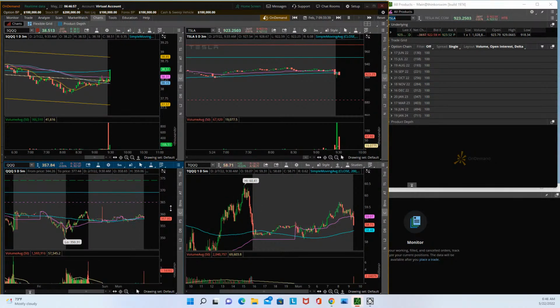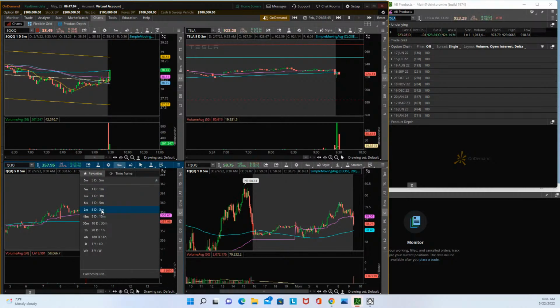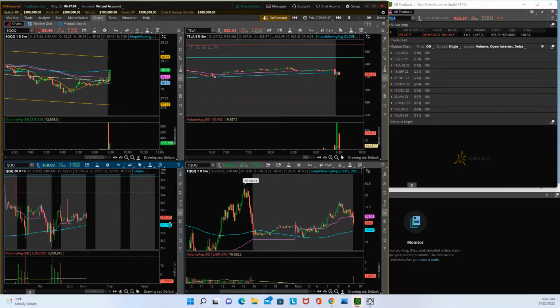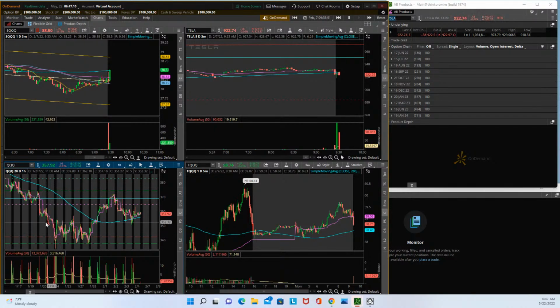Okay, so we are having a little bit of a sell-off here on the Qs. If I zoom out to the 1 hour, okay, we see that we're kind of in consolidation the past few days or weeks. But again, that 350 level will be kind of key. If we think there's downside, that's probably going to be a target.